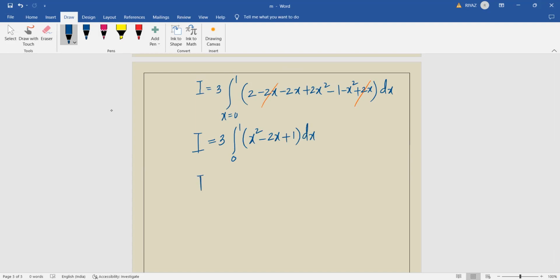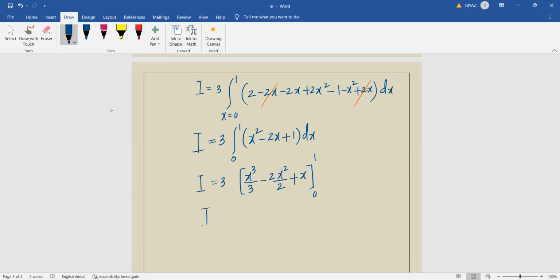Finally, the next step is 3 into, what is the integration of x square? x cube by 3. Minus 2 into integration of x, which is x square by 2. Integration of 1 is x. The limits are 0 to 1.